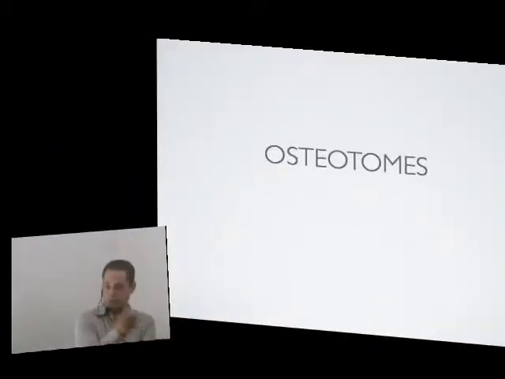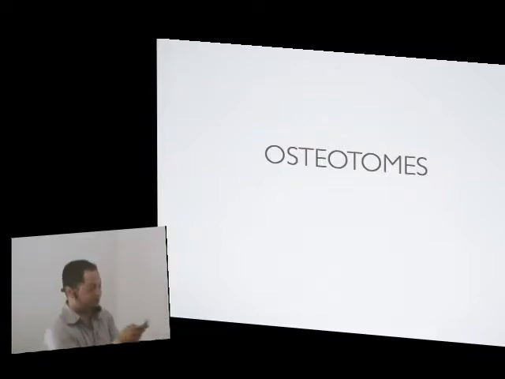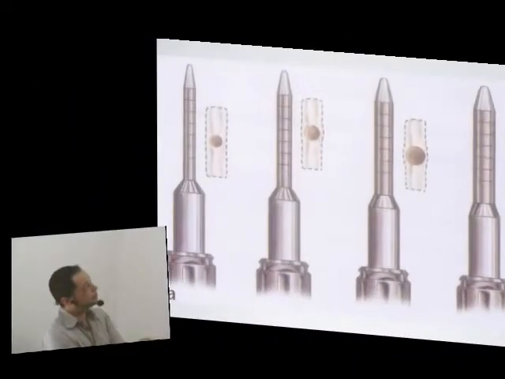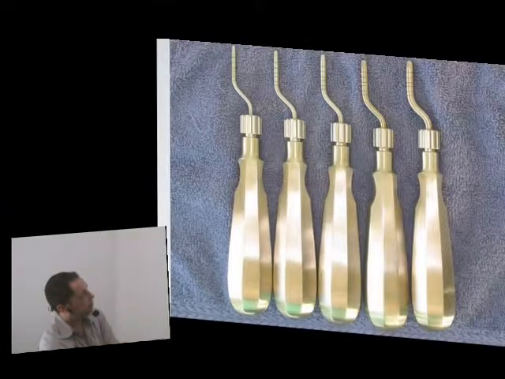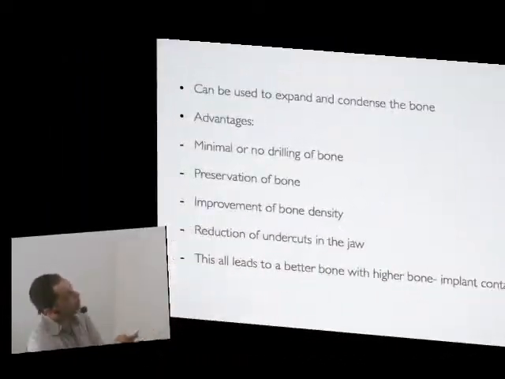Osteotomes, everybody knows what it is? Osteotomes, yeah? Excellent. You can do so many things with them. We have straight ones, and we have curved ones. So, what can we use the osteotome for? It can be used to expand and condense the bone.